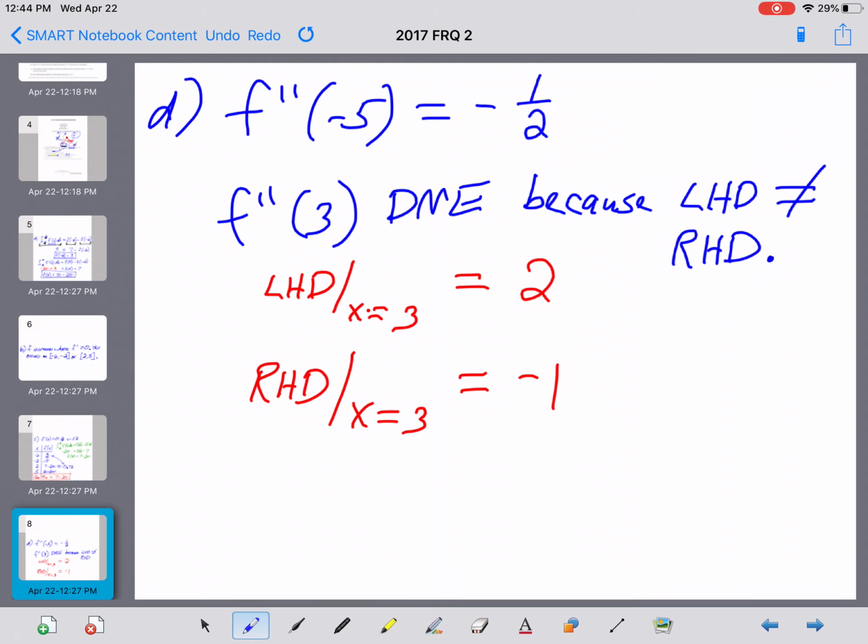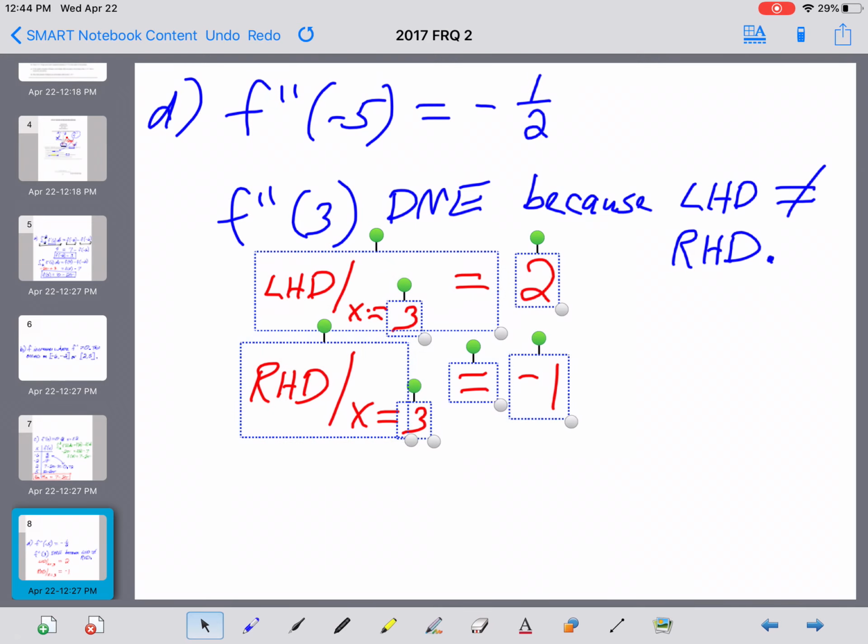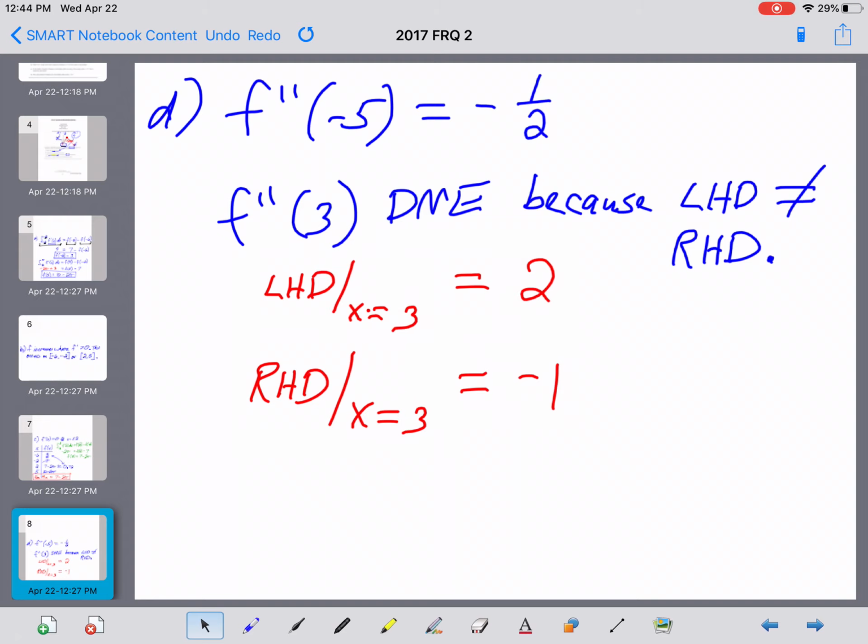And I've told you guys a lot during the course of the year, you can't simply say that two things are not equal to each other without actually showing that you know what those values are and that you actually found them. So without this information right over here, if that in red was not present there, this wouldn't be sufficient right here. But because we have it in red, this answer seems to work out okay. Okay, so that is a wrap on problem number 3.